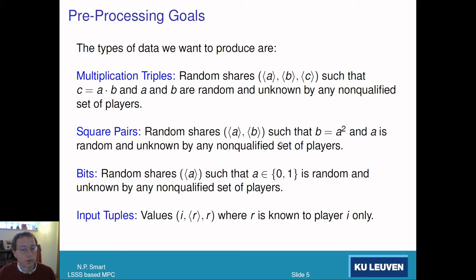Now, the reason we want to produce these two is not because it allows us to compute more functions, it just allows us to compute functions more efficiently. If you want to keep it to the simplest, more theoretical way of looking at MPC, then you could just think of computing multiplication triples. But what you do need to be able to input values is input tuples, which is basically, for every player i, a sharing of a random value r where the value r is known to player i. So that's what we also need to produce if we're going to allow players to input and output values. But okay, how are we going to do this?